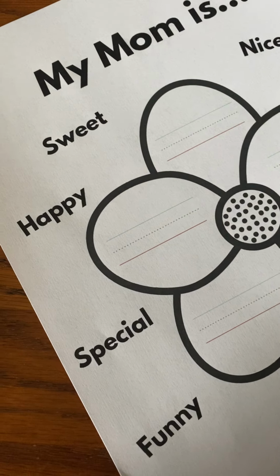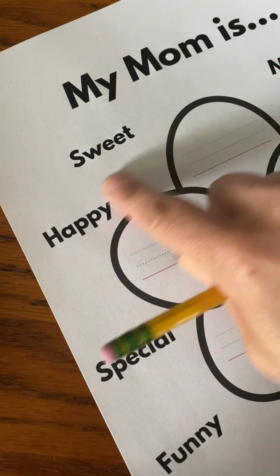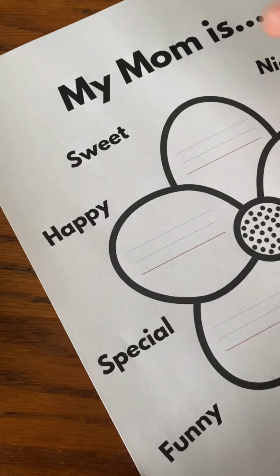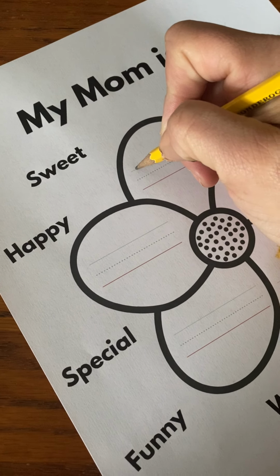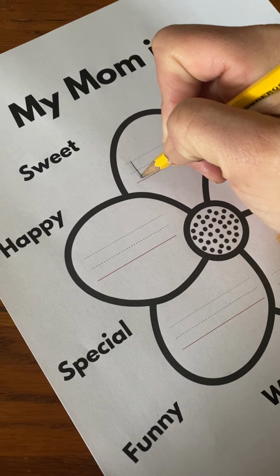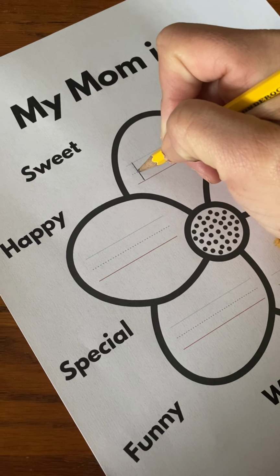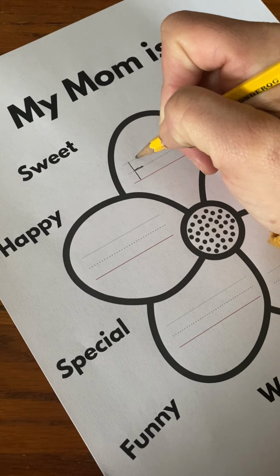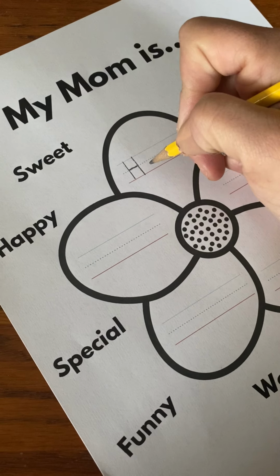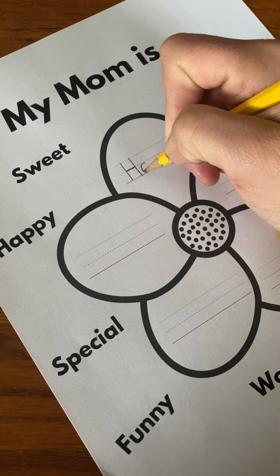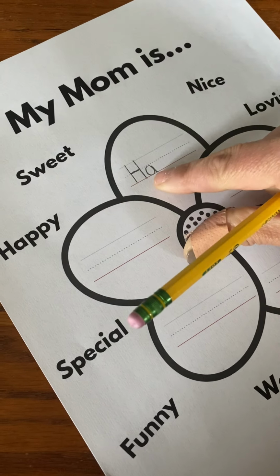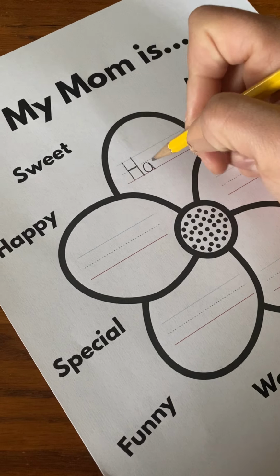So I'm going to start with, my mom is happy. In this first flower petal up here, I'm going to make the word happy. Uppercase H starts at the top, big line down, little line across, and a big line down. And then we have lowercase a, starts like a C, come all the way around, bring it up and back down, and it stops at the baseline.